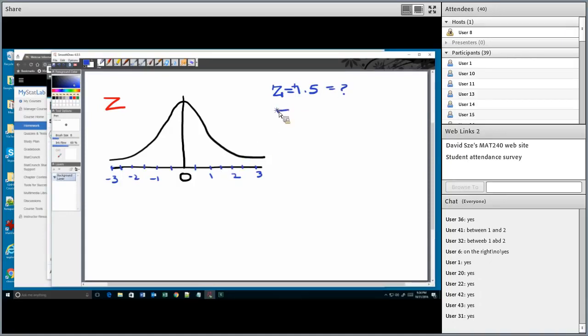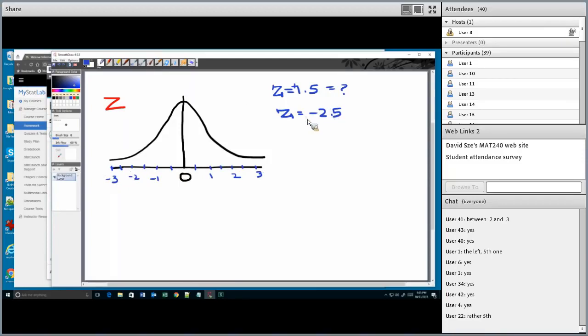Where is z equals minus 2.5? Is it here? Very good, you're absolutely correct. This is on the left side. Is it here? Yes, very good, between that and that. Excellent. So now you know where the values are. When you have a standard normal distribution where your mean is 0, all the positive values are on the right side, all the negative values are on the left side.